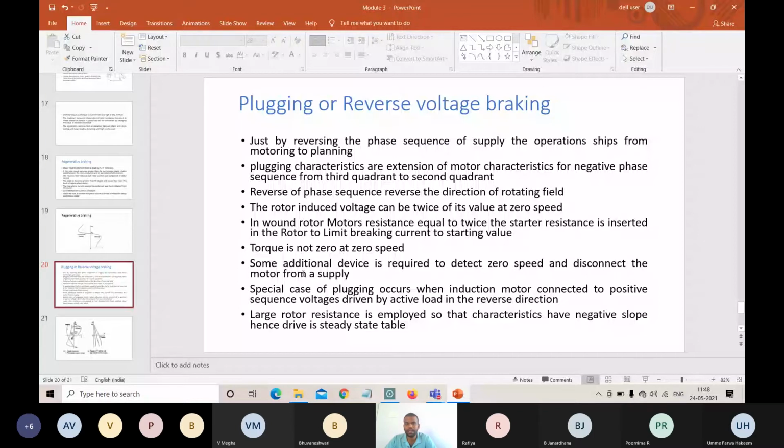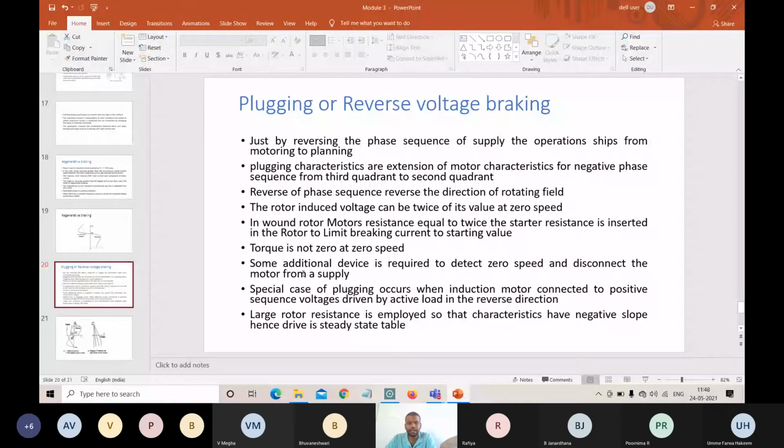When plugging occurs in the induction motor, the positive sequence voltages driven by the active load change the direction. The main special function of a motor in plugging is reversing the voltage supply.